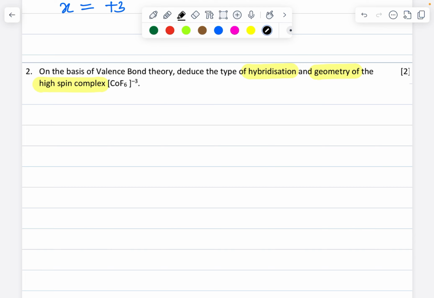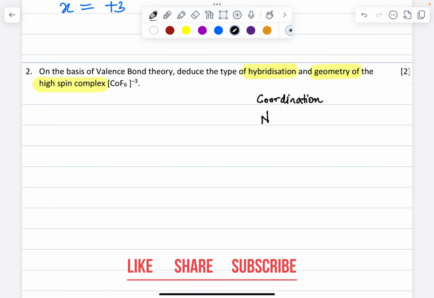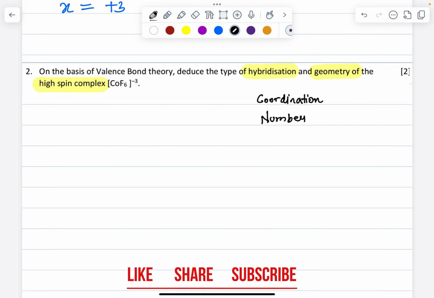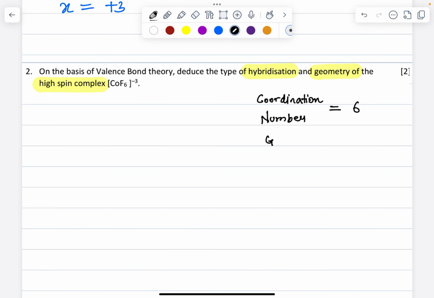See, for geometry, when the coordination number is 6, understand this, the geometry is always octahedral.